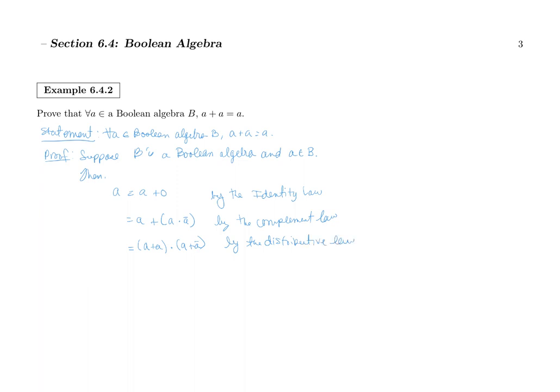Again, Boolean algebra doesn't work exactly the same as regular algebra because it's all about logic. We also know that A plus A complement is the same as 1. So we get A plus A times 1, and this is by the complement law.